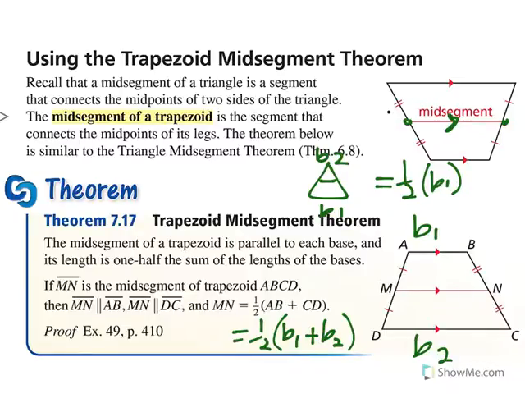So if I plugged in a 0 for base 2, well, I don't need a 0 in my equation, so that's how these are connected. They're essentially the same equation, but with a trapezoid we have two bases, so we add them up and we do half of them. Basically we're going to average them out, and that will give us that mid-segment length.